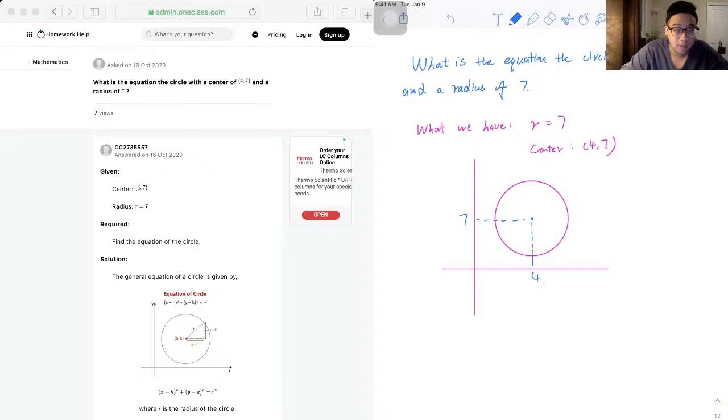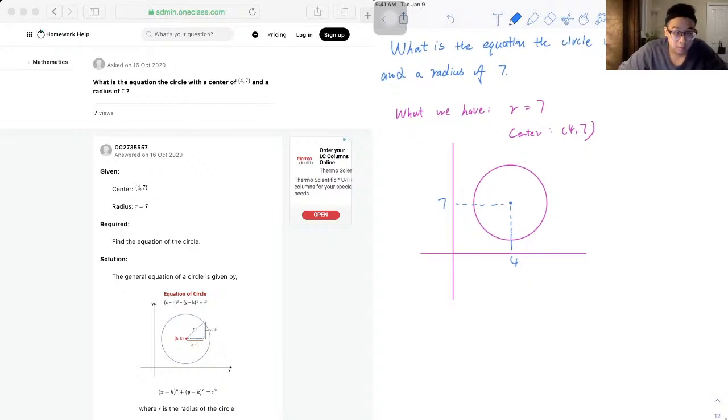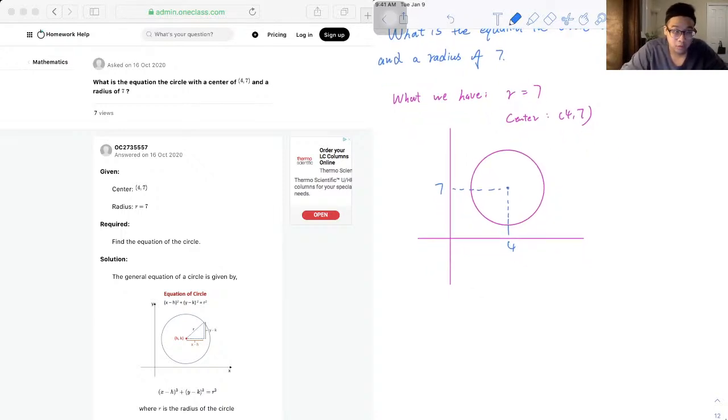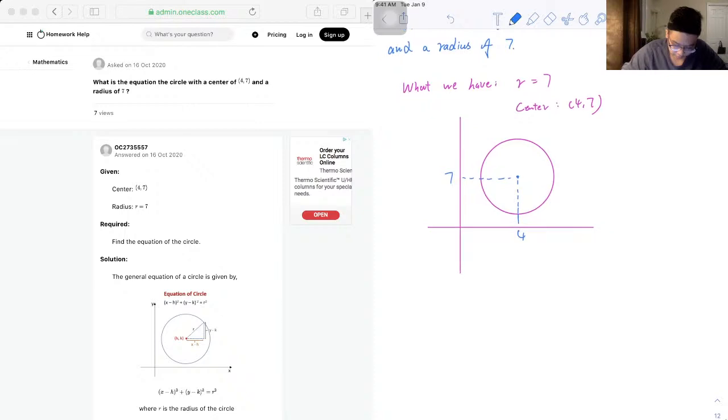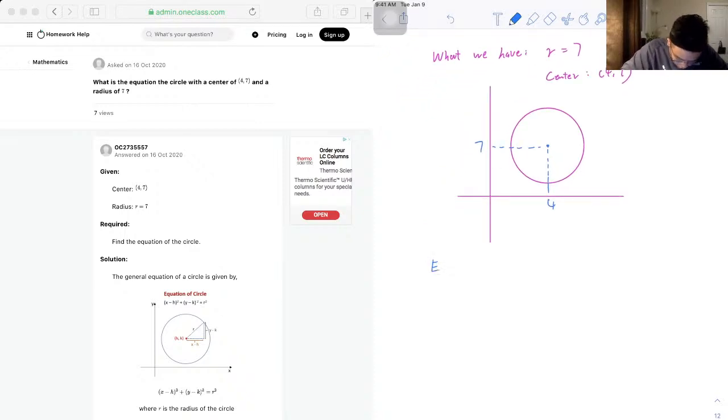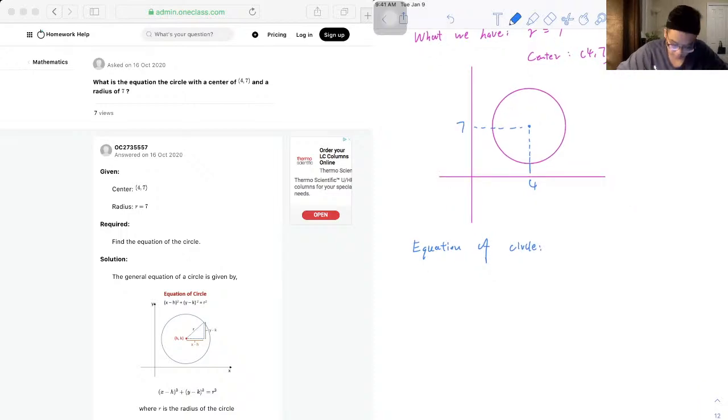Right. And also recalling the equation of the circle, I'll write that down here. Equation of circle, which is x minus h squared plus y minus k squared is equal to r squared.